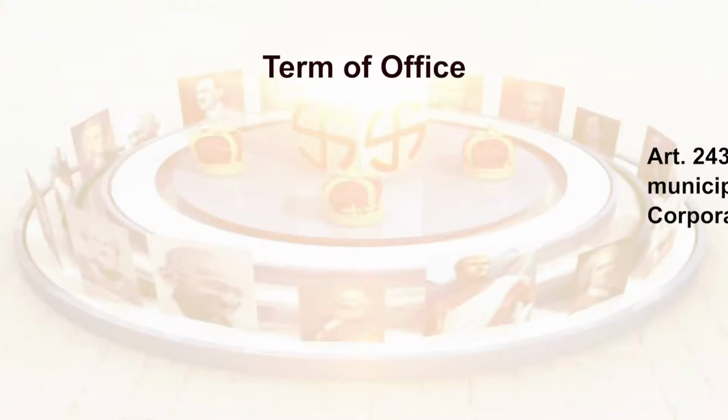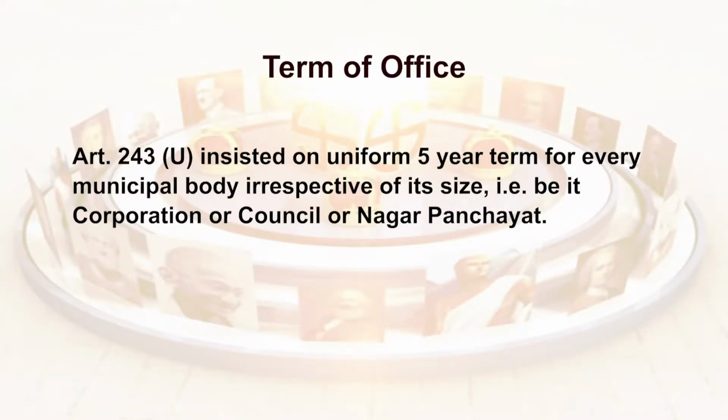And there was also a danger of being dissolved before the term was completed, because there was often interference from the state level ministry, as municipalities had always been under state control. Article 243 U tried to take care of that by insisting on a uniform 5-year term for every municipal body, irrespective of its size, be it corporation, council or Nagar Panchayat.